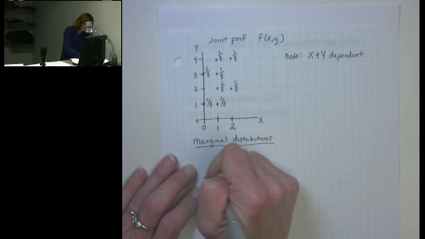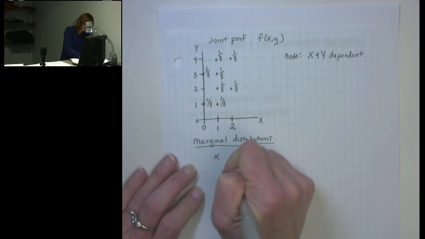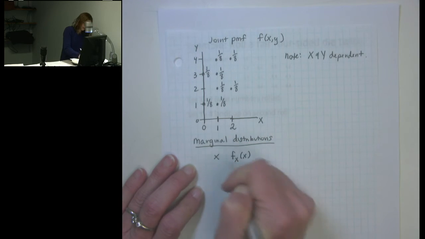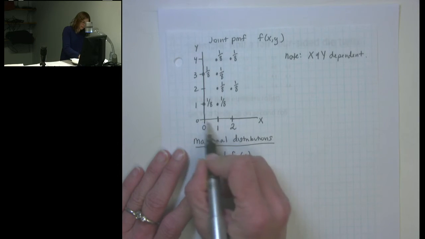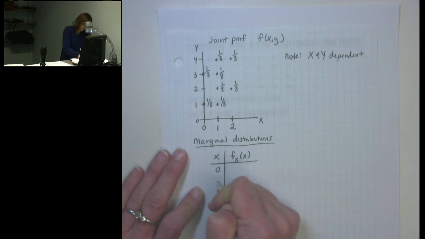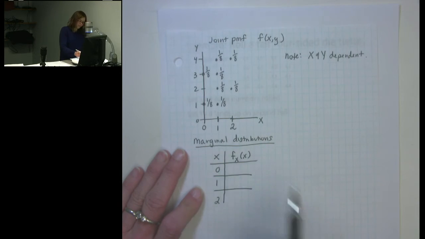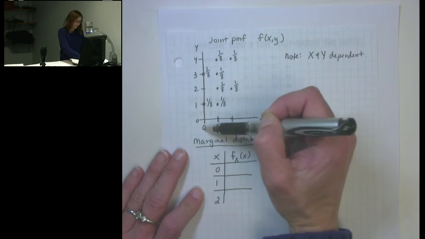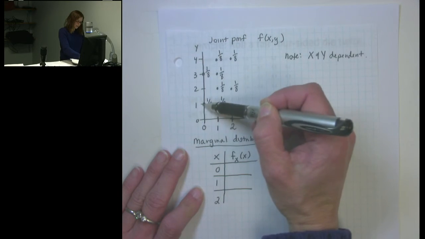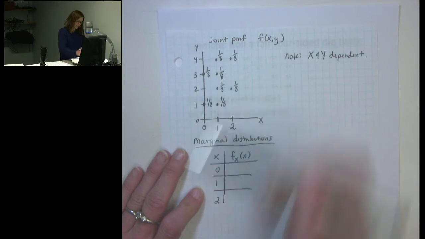So I'll look at the marginal distribution for X. I'll tabulate it. Notation for the marginal is little f sub x of x. I'm going to list all the elements in my support of x, which are 0, 1, and 2. To find the probability associated with them, remember I'm going to add the values that are included here.